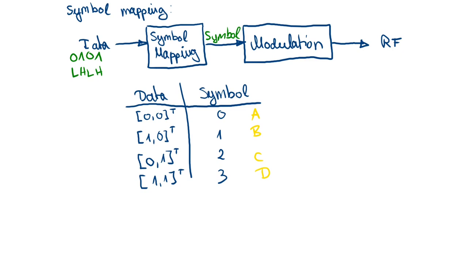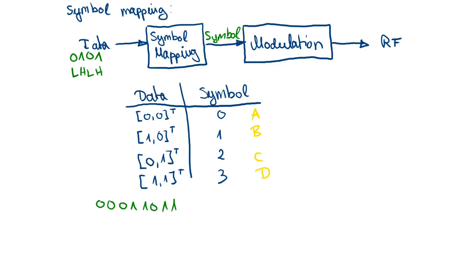And now we take 2 bits, and to each combination of the 2 bits, a symbol is assigned. Yeah, for example, there's a data stream like this.